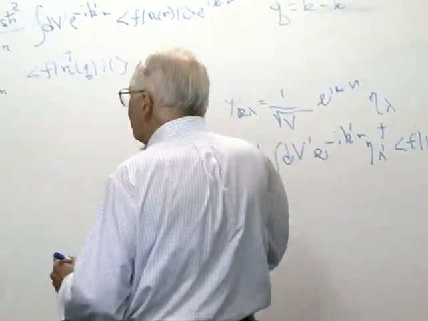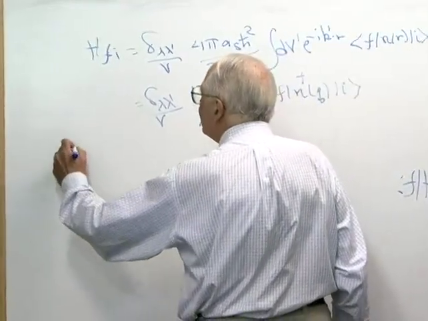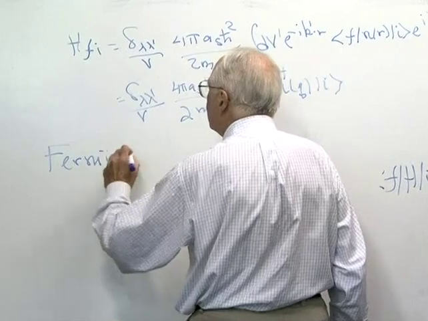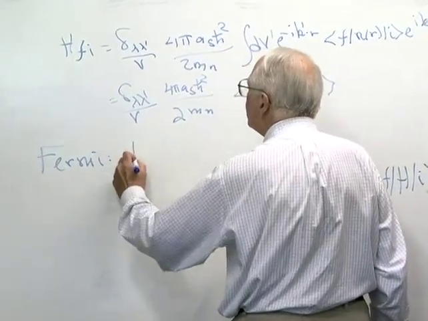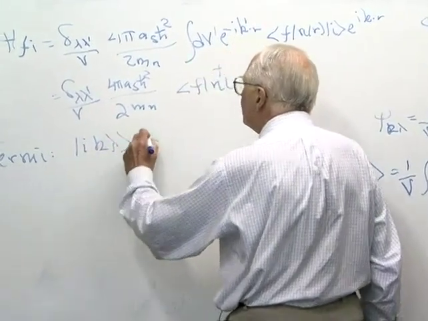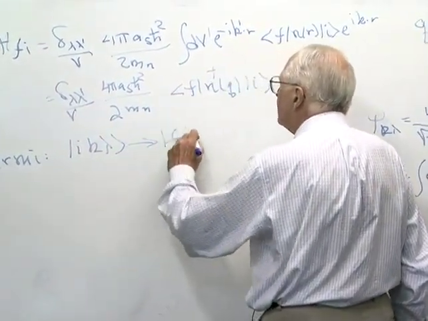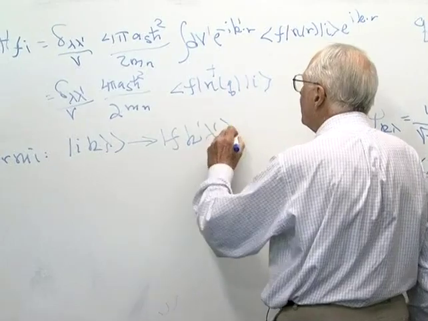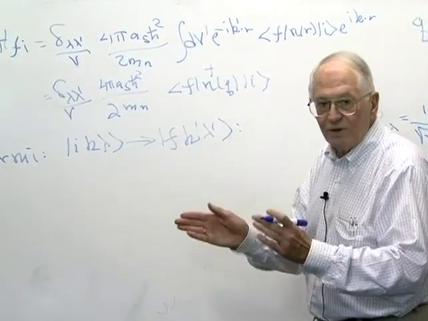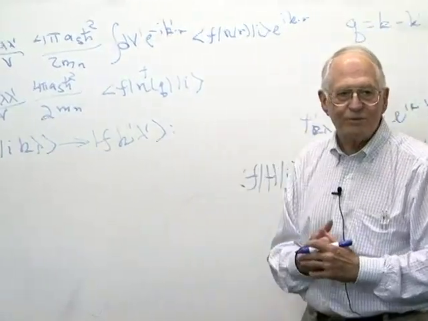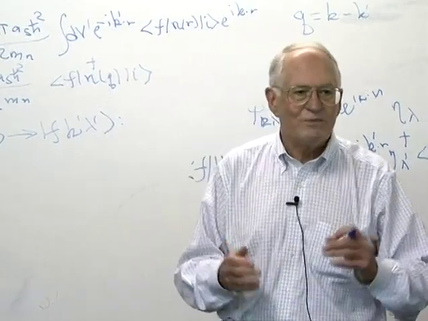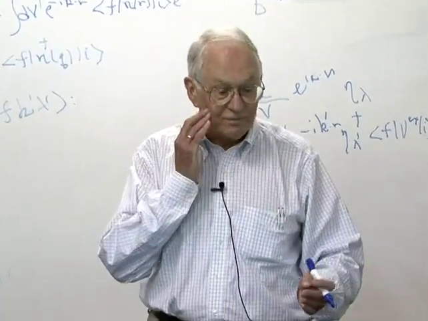So now the golden rule, Fermi, says if you want to go from an initial state i, k, lambda to a final state f, k prime, lambda prime, what you need to do is take this matrix element, square it, you multiply by a factor of 2 pi over h bar, which just comes from Fermi's computation, and then you have an energy conserving delta function.